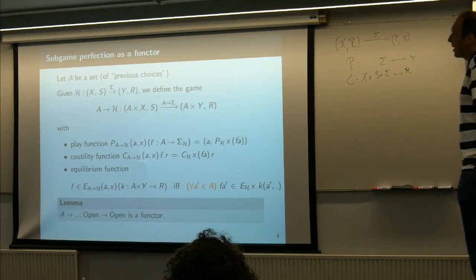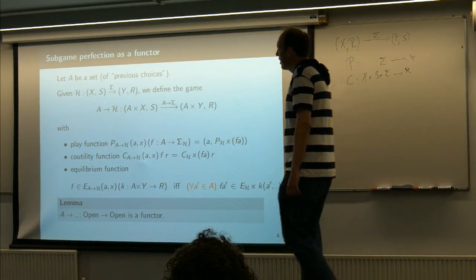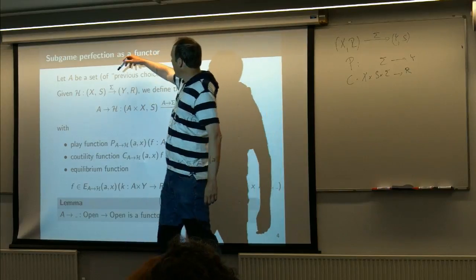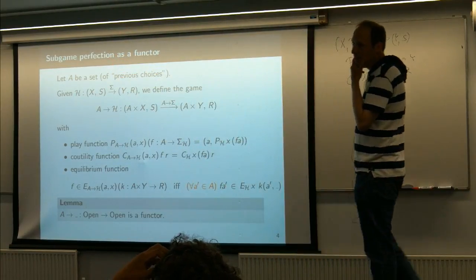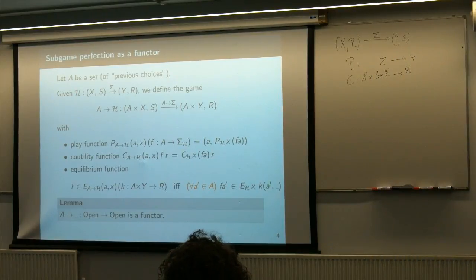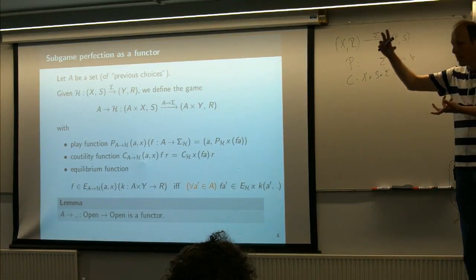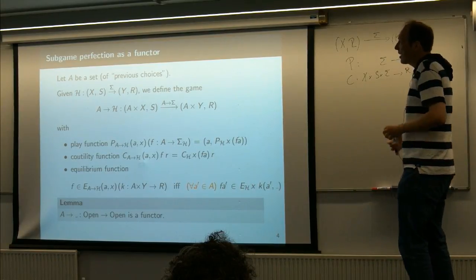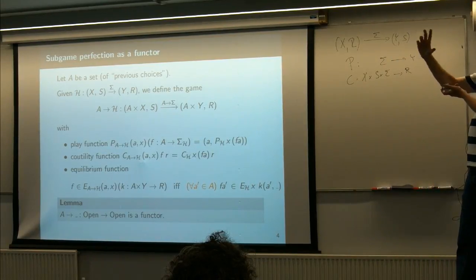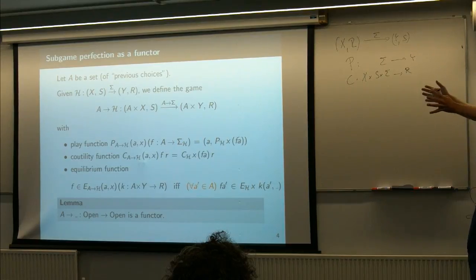It introduces some kind of dependency or some extra set A of previous choices, which we will see in a second. Because for the iterated game, we have to say the iterated game is one round of the game followed by the iterated game. And to glue this properly together, we need something like, once we play the first round, the second round depends in a way on the first round.